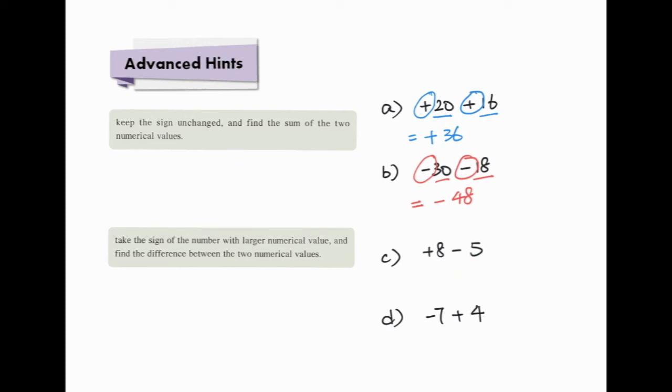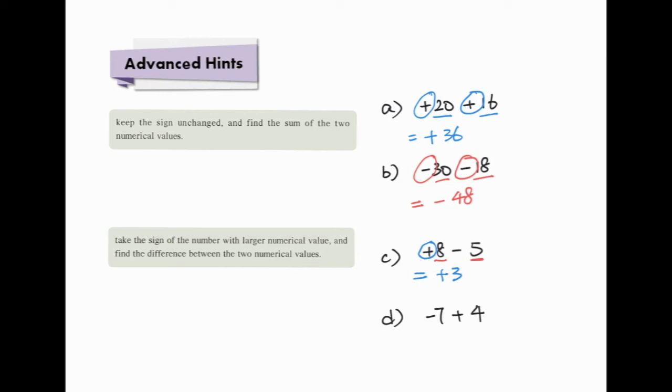So take the sign before 8 and write down the positive sign first. Then find the difference between the 2 numerical values. 8 minus 5, which is 3. Therefore, the answer is +3.